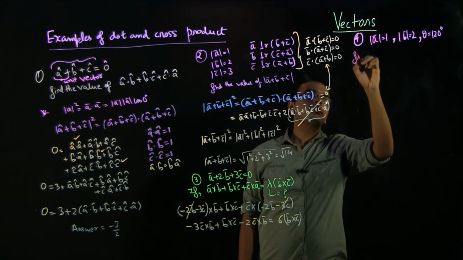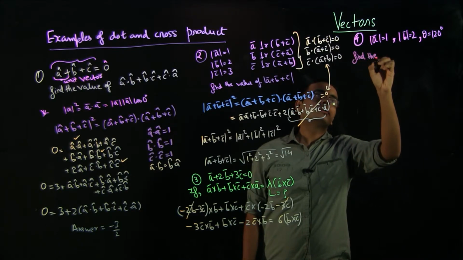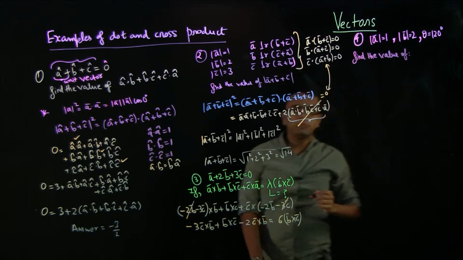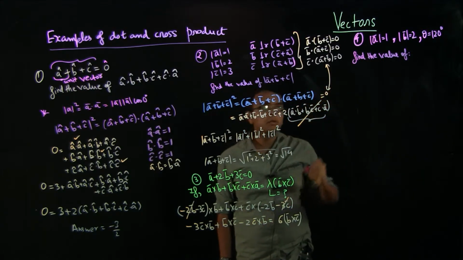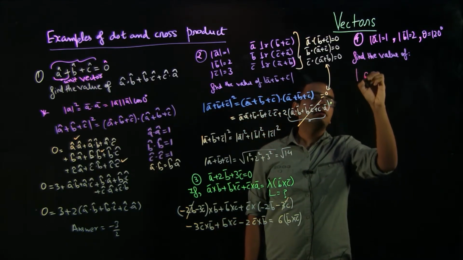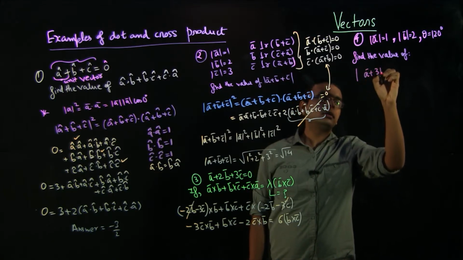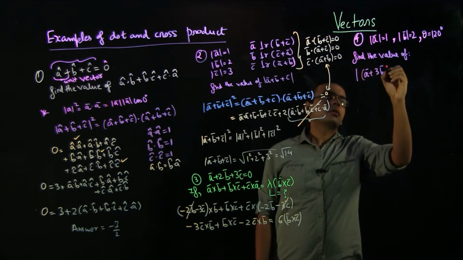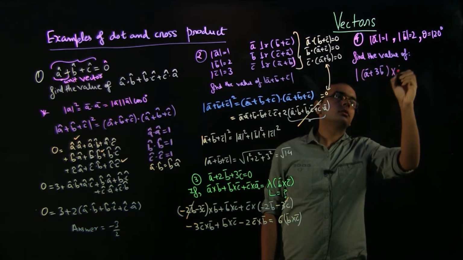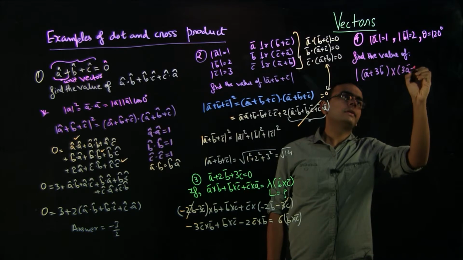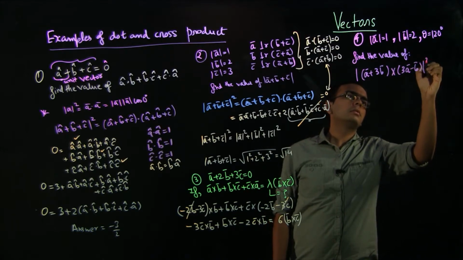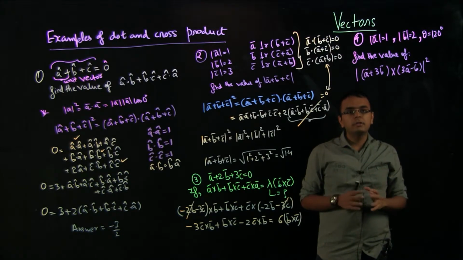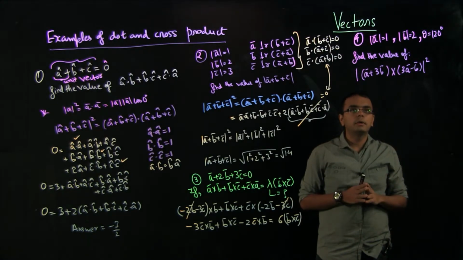Find the value of mod of a plus 3b crossed with 3a minus b, mod whole square. Okay, you have to cross these things and then take the mod square.